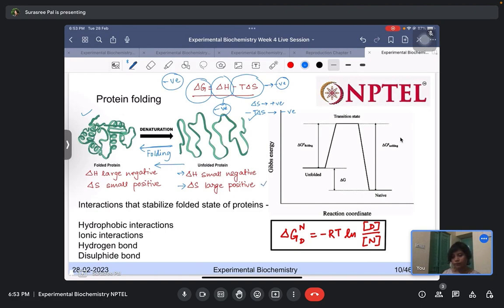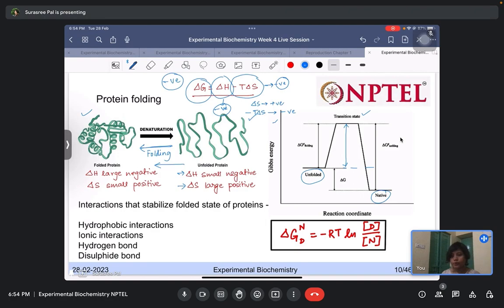Let's look at this particular graph of the reaction coordinate with the Gibbs energy. Here you can see that the unfolded state has a higher Gibbs energy than the native state, and to move from the unfolded to the native state, there is an energy barrier that needs to be overcome. When the protein overcomes this energy barrier, this is called the transition state.